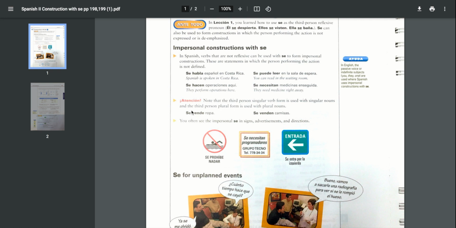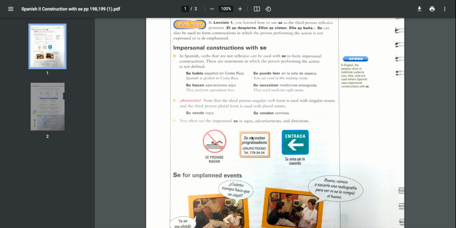Okay, third person singular. Él, ella, usted vende. In this case, se venden camisas, because you're going to look at camisas as the plural, so you have to use the third person plural, se venden with an N, right? So for the plural, for usted, ellos, ellas.